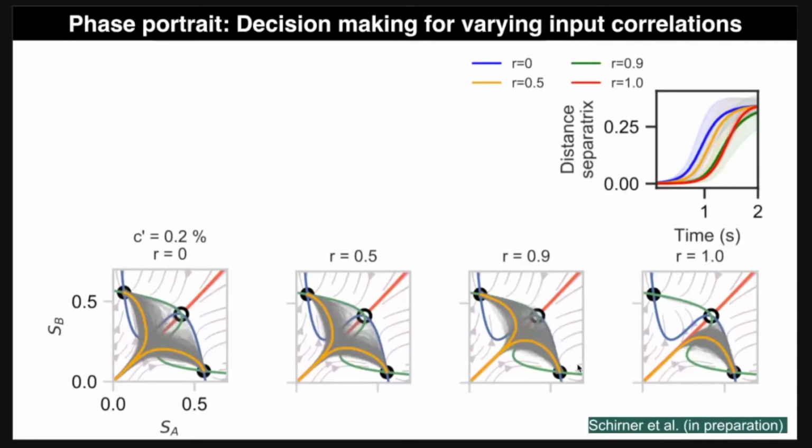So as you can also see in the upper panel, there you see the distance of the state variables to the separatrix and the time. And we see for the red plot that stands for the high correlation in the network, the system stays much closer to the separatrix, to the balanced state that allows longer evidence accumulation, longer averaging of noise, and therefore the evidence gets more prominent and leads to the correct decision.